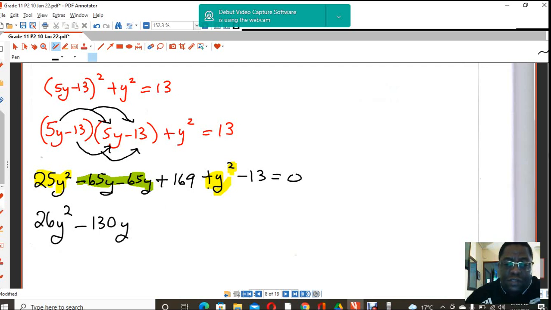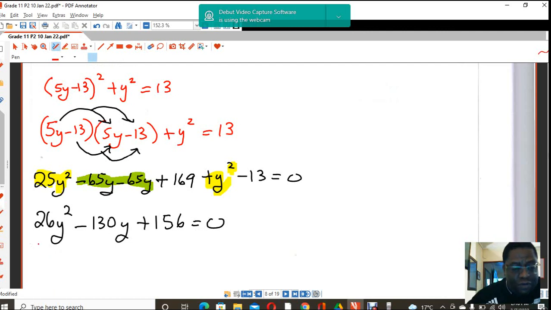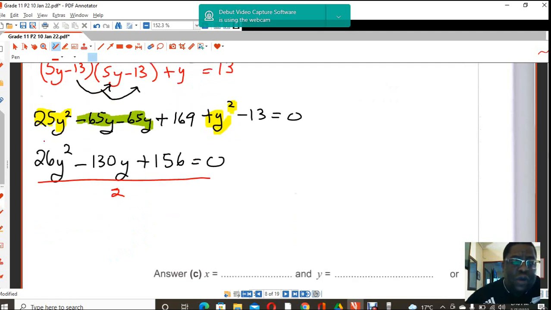And obviously 169 minus 13 gives you plus 156 equals 0. We can use the quadratic formula right here, or I can divide this by 2, just simplifying it a bit for me. So half of 26 is 13y squared, half of 130 is 65y, half of 156 is 78 equals 0.